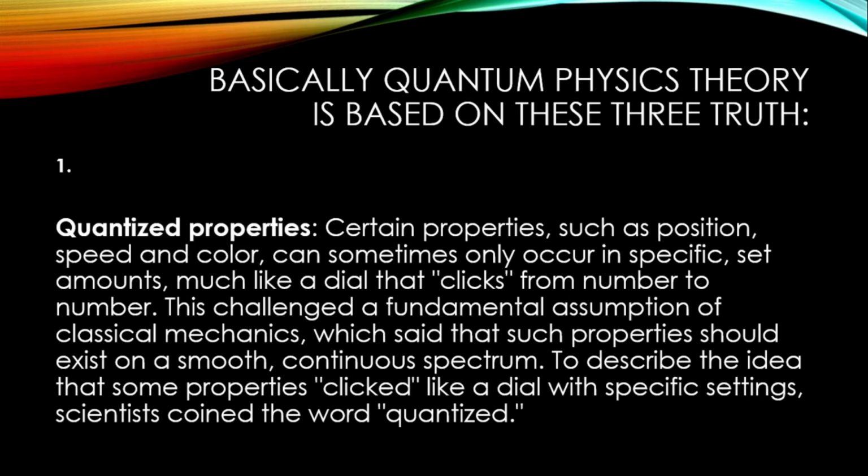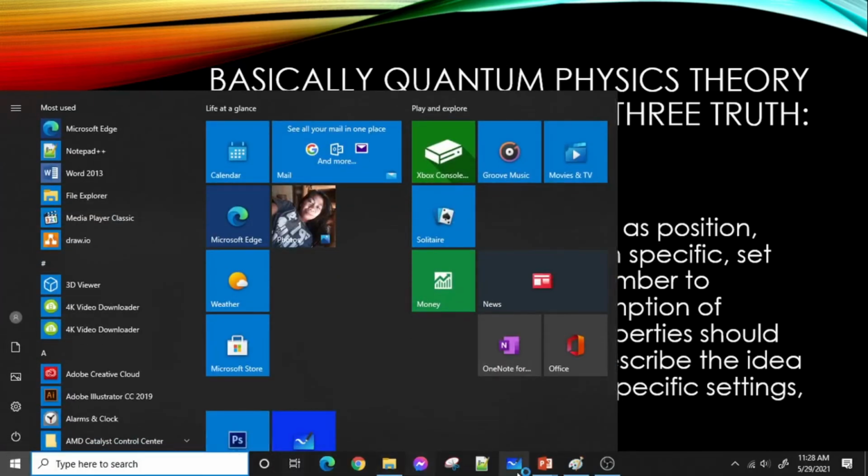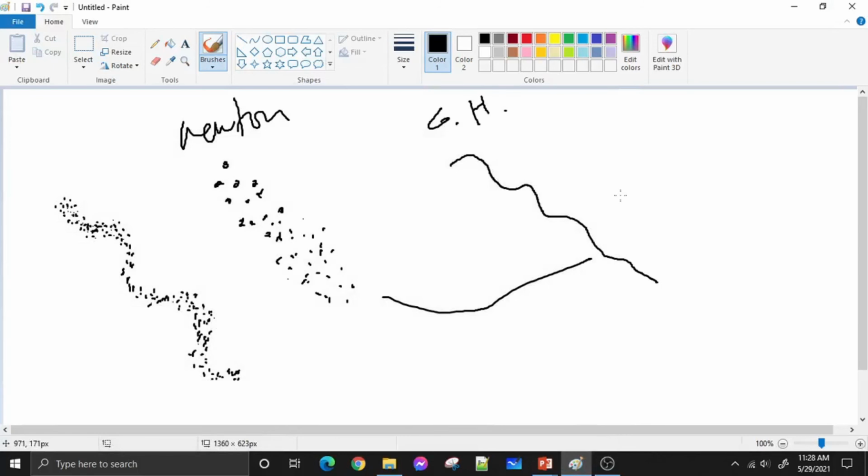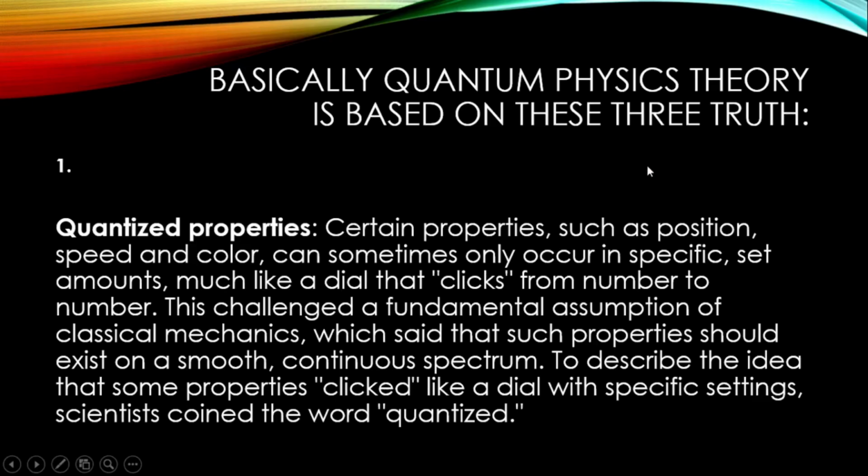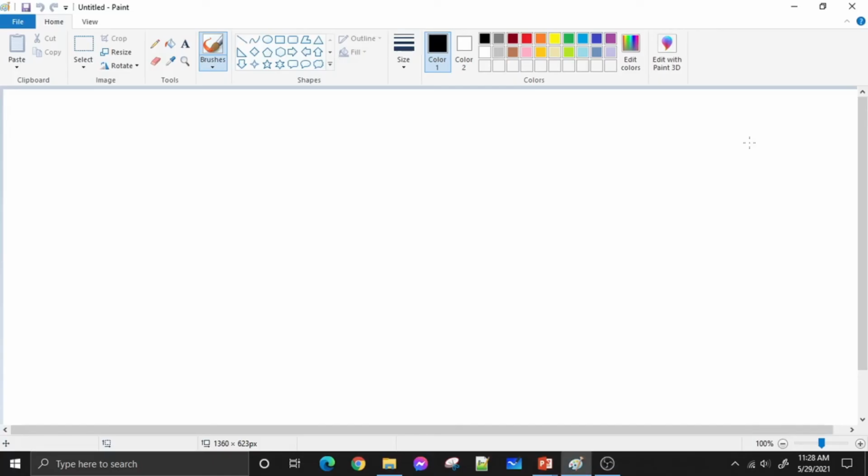To describe the idea that some properties click like a dial with specific settings, scientists coined the word quantize. In classical mechanics, or classical physics, the assumption is that properties should exist on a smooth, continuous spectrum, just like what we presented a while ago.